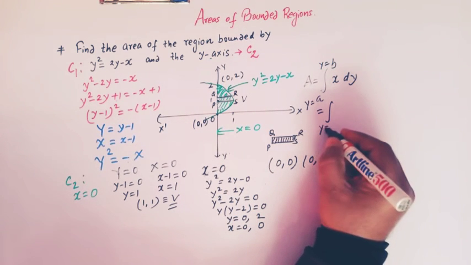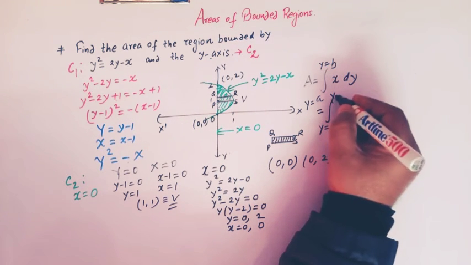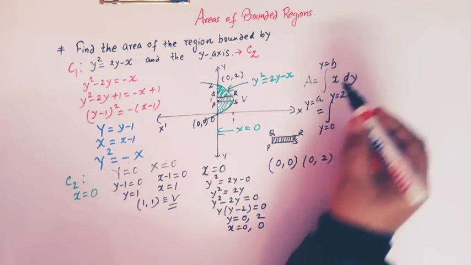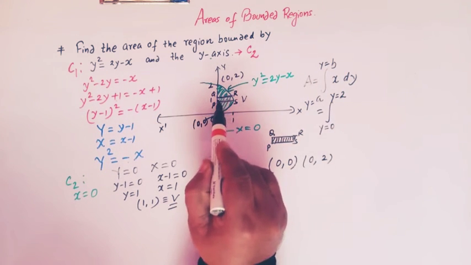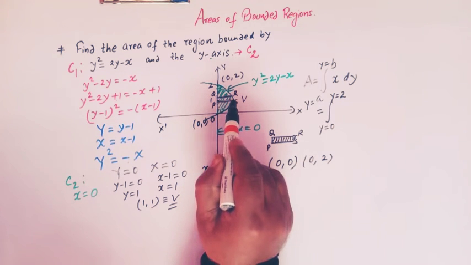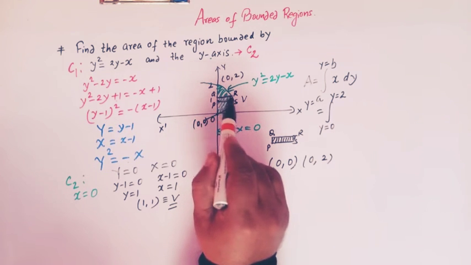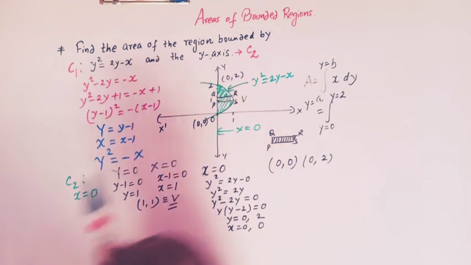So here we have y is equal to 0, and here we have y is equal to 2. For x, the horizontal strip runs from the y-axis to the upper end, on the parabola.